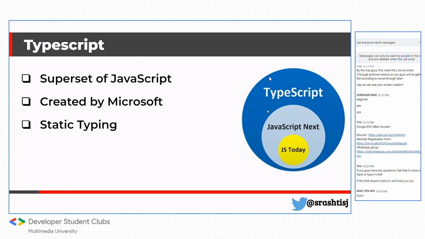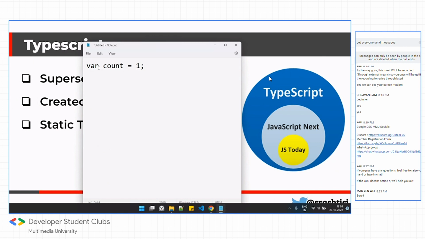And it helps us with static typing. Static typing means, as I told you, this: count. This is correct in JavaScript, but if you use it in TypeScript, you'll have to write let count, and then we have to give its type. So over here we'll say number, and then we'll assign it.